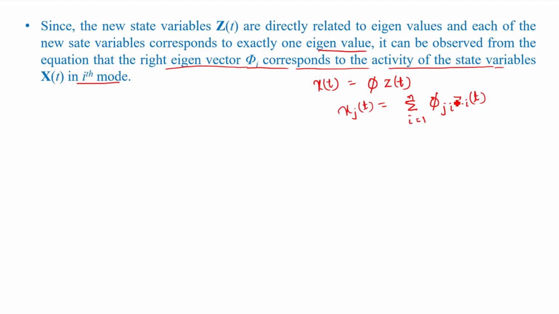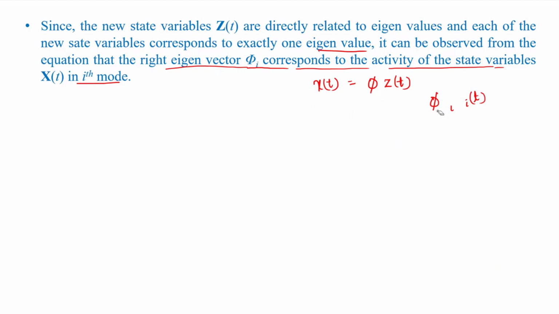This indicates that phi_ji corresponds to the activity of the state variable x_j in the ith mode. That is what it indicates.